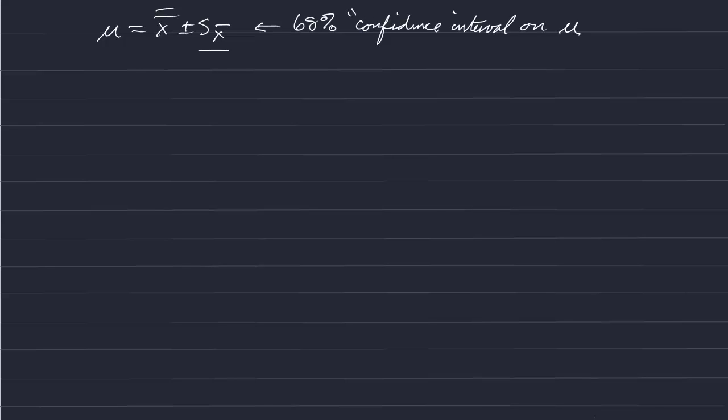And so that's what defines the confidence interval. Again, 68% of all possible values of mu fall within this range.